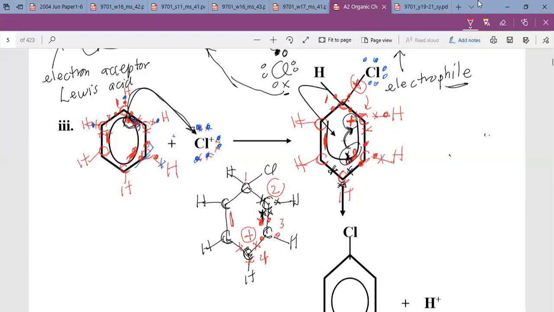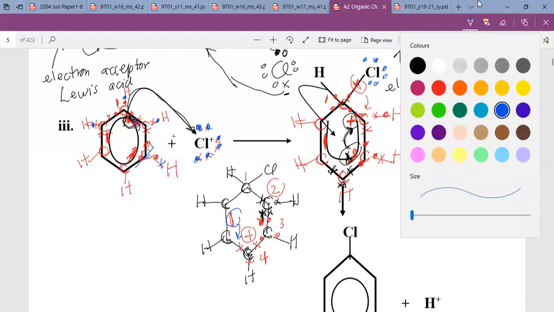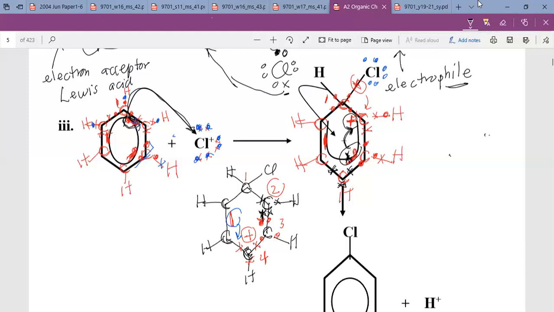Now, of course, the other one is this one here, the red, so you can see. So now this pair can also move down here. As it moves down here, what structure do you get? Of course, you get this final structure here. This remains the same.